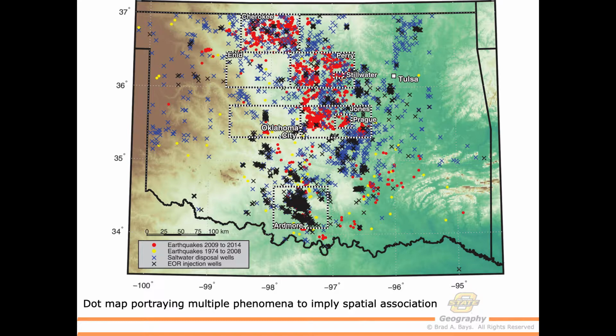This is a map that portrays, anybody guess what this is? Multiple phenomena. I guess you can see the key down here in the lower left part of this slide. The map is indicative of earthquakes up until about 2014 in Oklahoma.